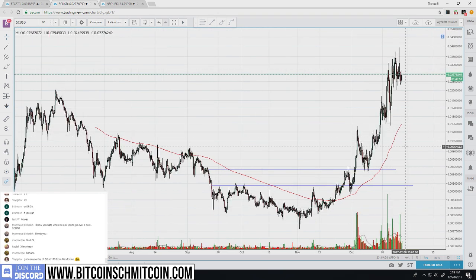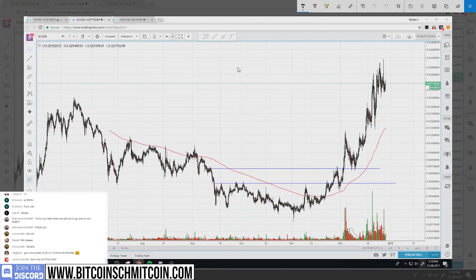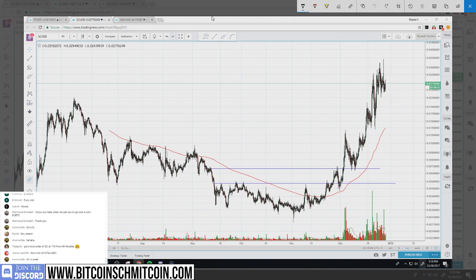So Siacoin looks, it's crushing it right now, right? Look at these gains. Did the same thing. It went down, had a reaccumulation or an accumulation phase, and now it's doing markup, and it's just going ham. Look at this curve, and it looks solid. Is that making a bull pennant right now?